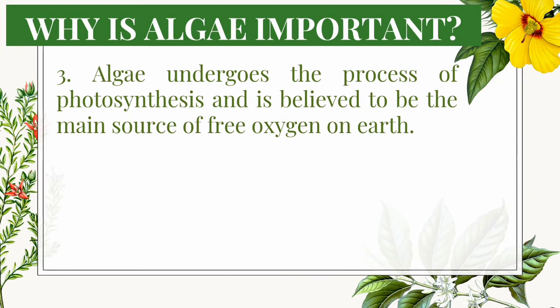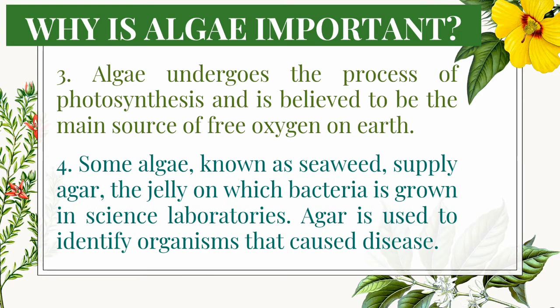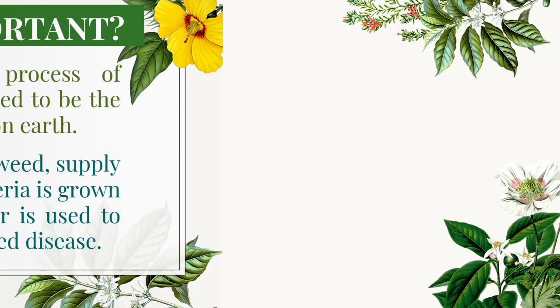Third, algae undergo photosynthesis and are believed to be the main source of free oxygen on Earth. And the last one, some algae known as seaweed supply agar, the jelly on which bacteria are grown in science laboratories. Agar is used to identify organisms that cause disease. That is the importance of algae.